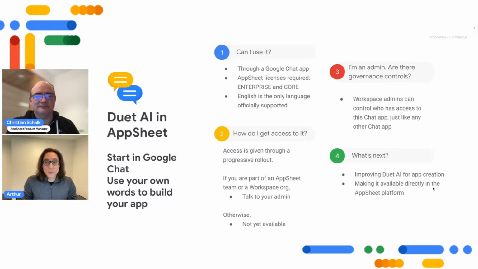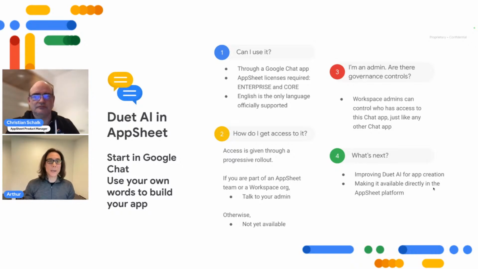So I know some of you in the audience are admins, either from an AppSheet team or Workspace organization. You may be wondering, if we ask you to enable it, how does that work? What kind of governance controls are there in place? It's for now a little bit of an unusual mechanism, but you do have control.